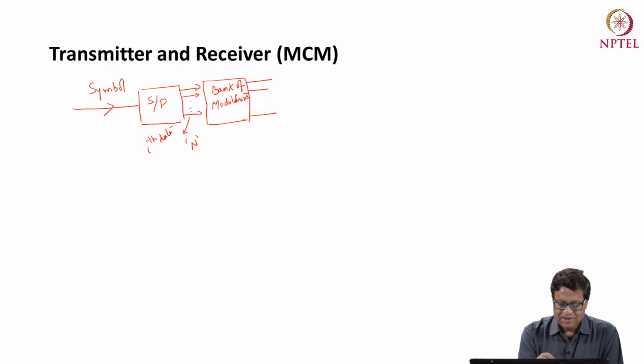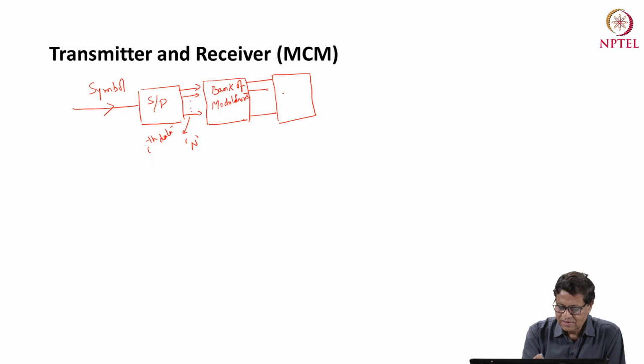So each modulator is modulating the corresponding data, and then we use some sort of summer here, and this is the sum of all subcarrier data, and this goes to the channel.